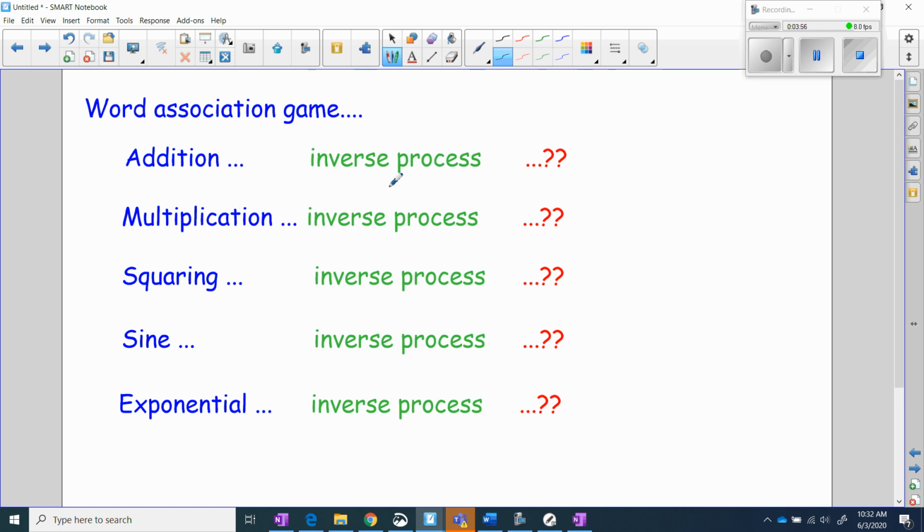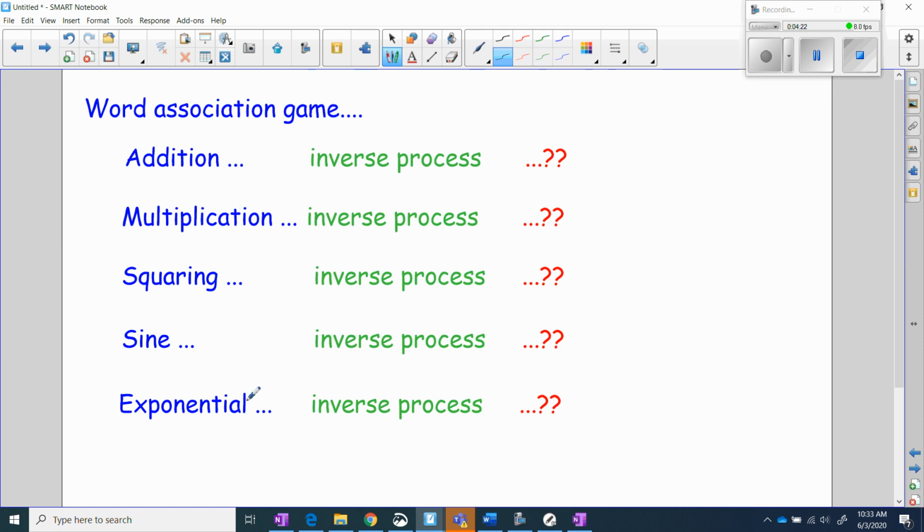Subtraction will undo addition. If I said, what will undo multiplication? We would all say division. Squaring, if I wanted to undo squaring, I would take the square root. If I took the sine of an angle, think trigonometry, then I would take what's called the inverse sine to undo the sine ratio.